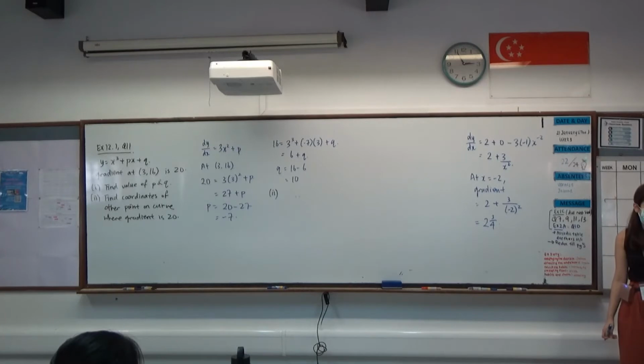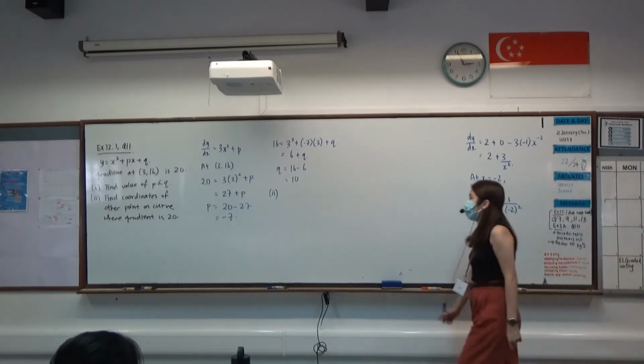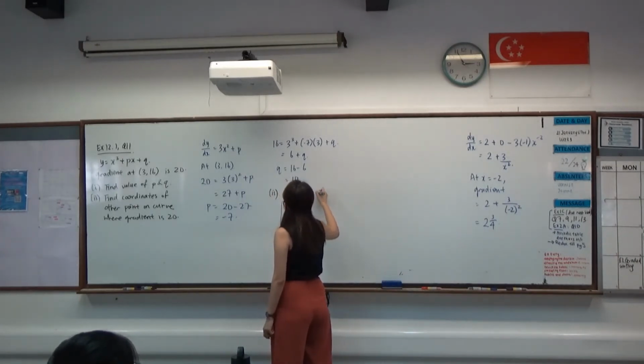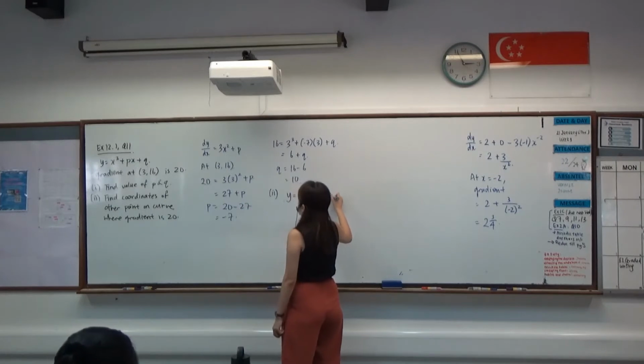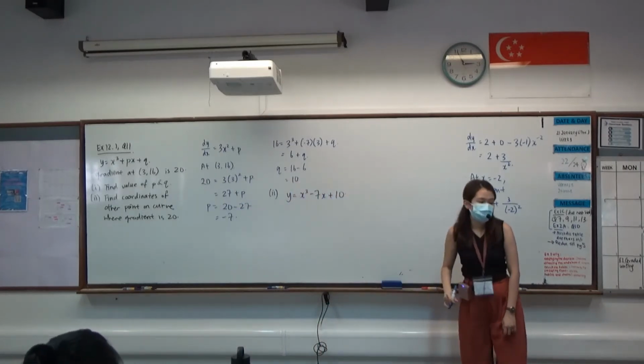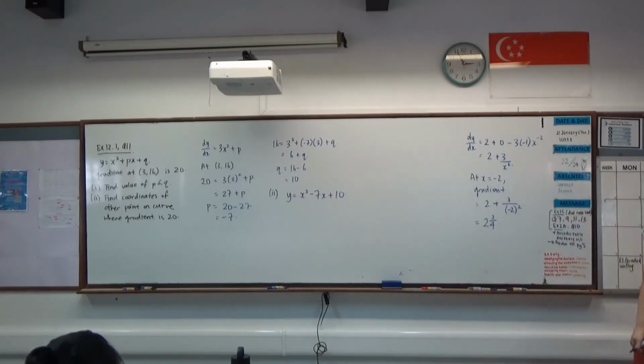Now, what about part 2? We want to find the coordinates of the other point on the curve where the gradient is 20. So, at this juncture, we at least know that the equation is actually this. How could we find out what is the coordinate of the other points? What would you do? Emily?